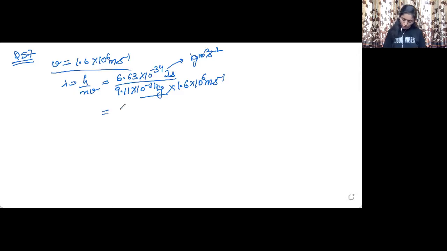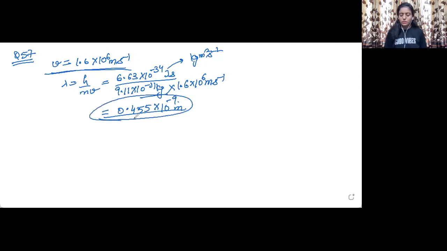So it is coming out to be equal to 0.455 into 10 raised to the power minus 34 plus 31 minus 6, so 10 raised to the power minus 9. So it will be in meter. So this is the de Broglie wavelength which is associated with this very electron for which the velocity has been given.